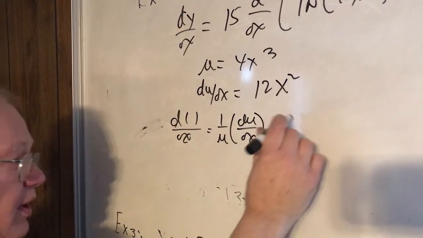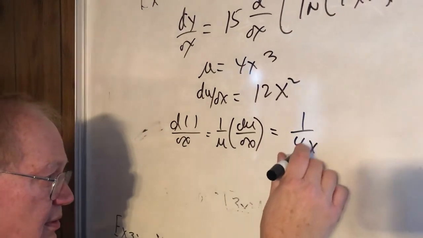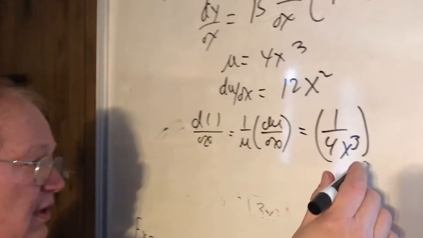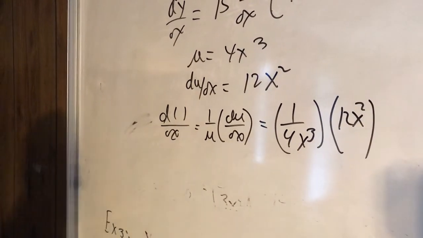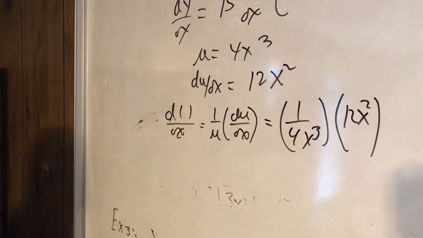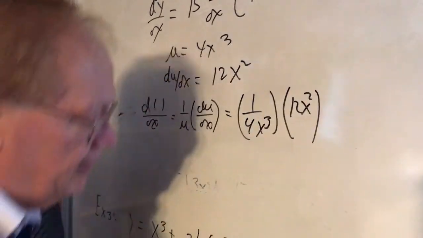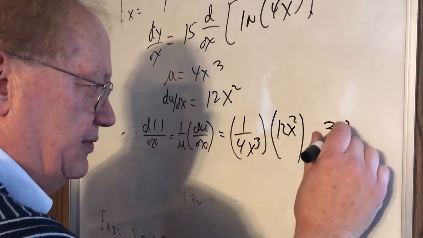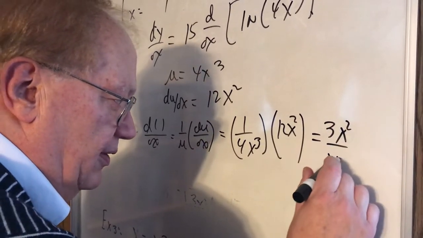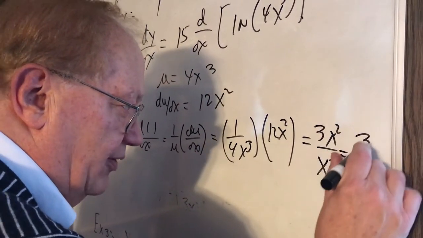So that's going to be 1 over 4x cubed times 12x squared. 4 goes into 12 3 times. I get 3x squared over x cubed, or 3 over x.